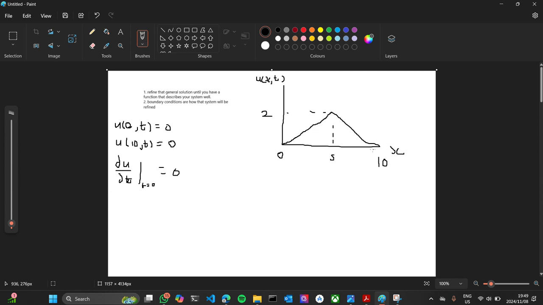You should remember that these lines here are linear, so you can just use the linear equation that describes this line, and you'll also do it for this one as well. It'll apply for this specific line between the range of 0 and 5, and for this line it's going to be between 5 and 10. So then we need to find what this linear equation is going to be.